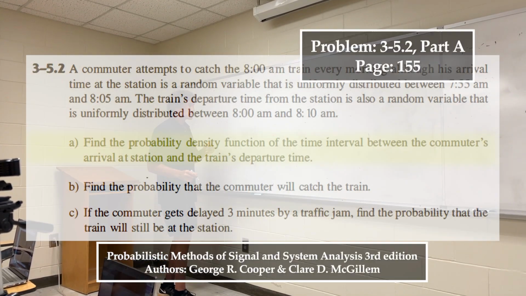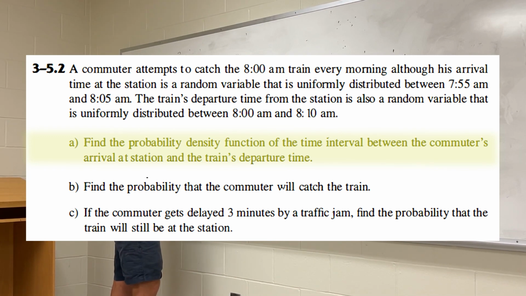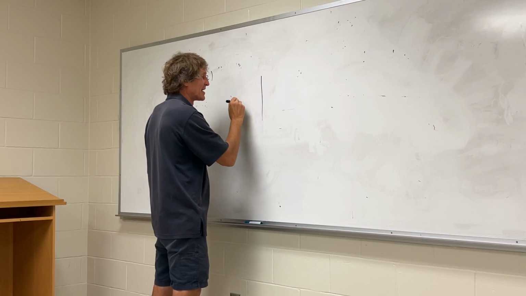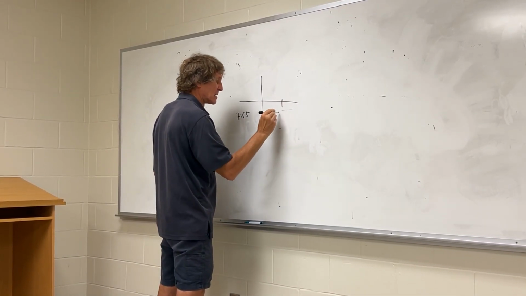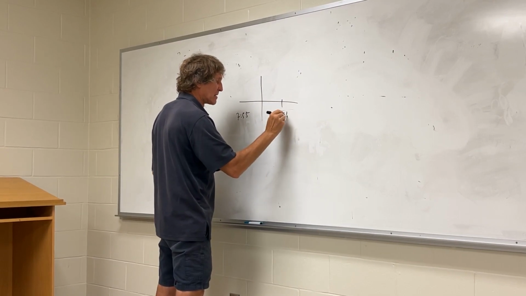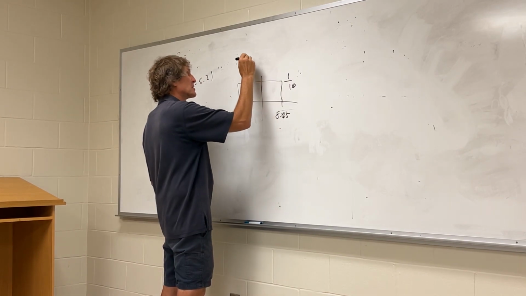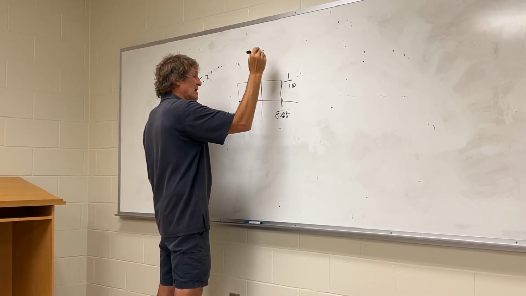Okay, go ahead. All right, so 3 Tech 5.2. A commuter attempts to catch the 8 a.m. train every morning. Although his arrival time at the station is a random variable that is uniformly distributed between 7:55 and 8:05 a.m. All right, so this has got a height of 1/10, and I'm just going to call this f of x. So f of a, arrival time of t.